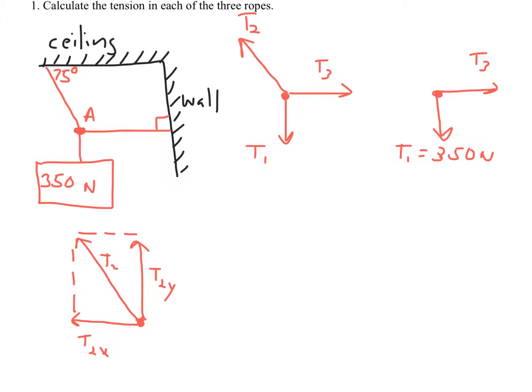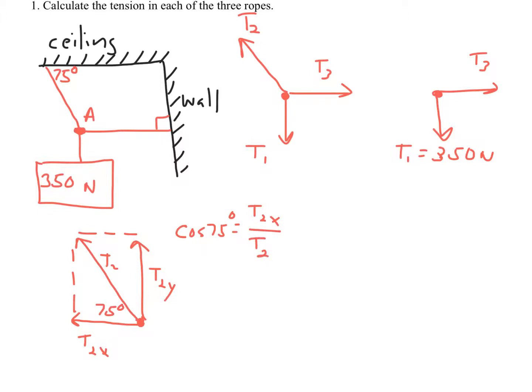And we know from the trigonometry of the diagram above that this is 75 degrees down here in this corner. If I just use my component equations, the cosine of 75 degrees equals the T sub 2x over T sub 2.